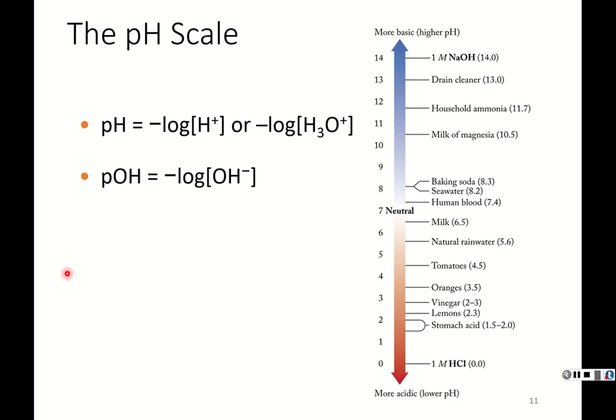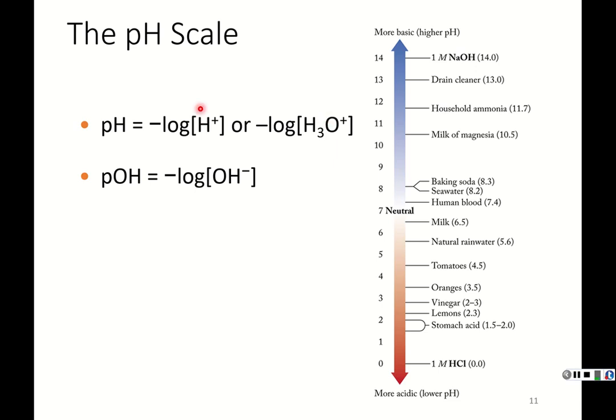And how do we find pH? Well, pH is a measure of the hydronium ion concentration or proton concentration. Remember, those two terms are interchangeable. H plus, when it's in water, will make H3O plus, so we use these interchangeably.